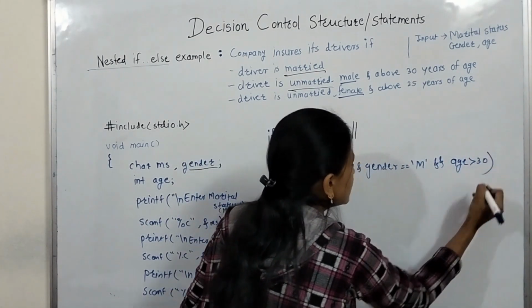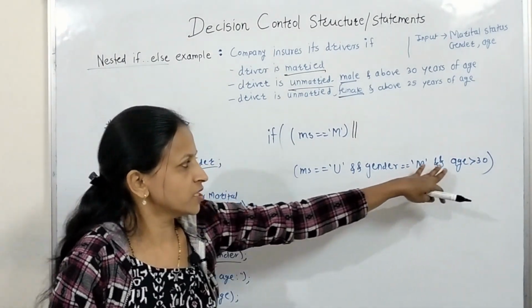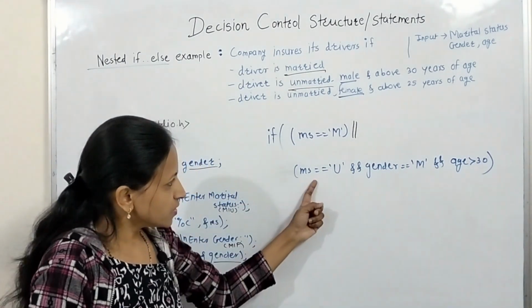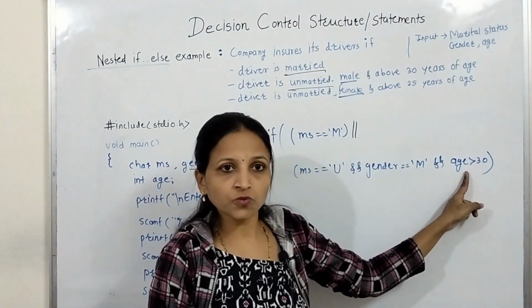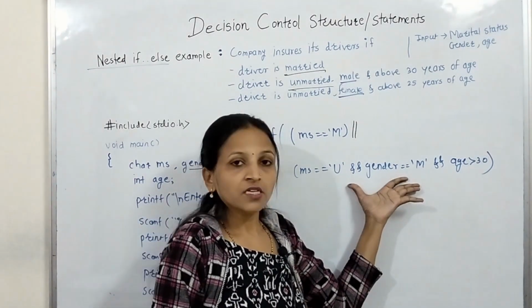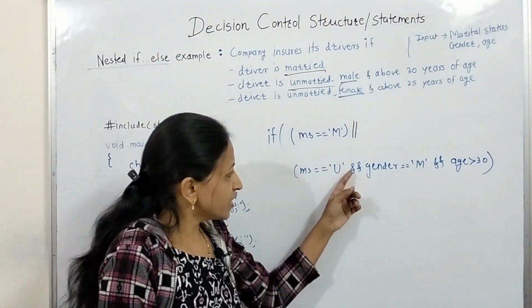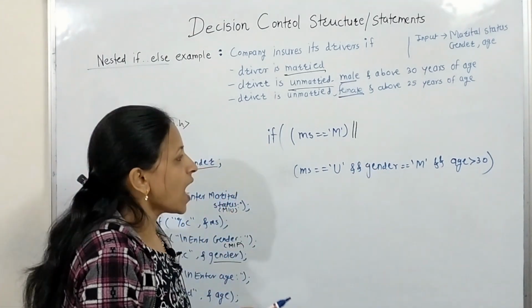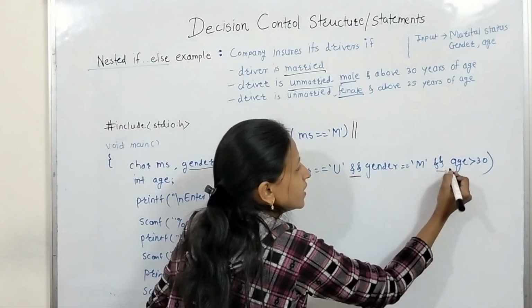Means here we have put all the conditions in one line. All of this should be true, then only we can say that the driver is insured. That's why we have placed logical and here. Getting it?